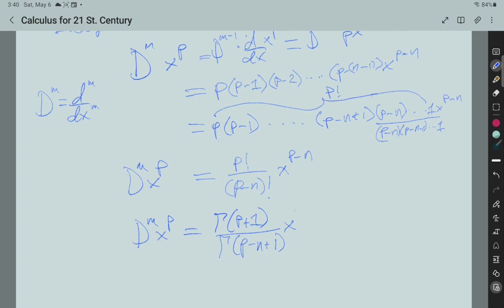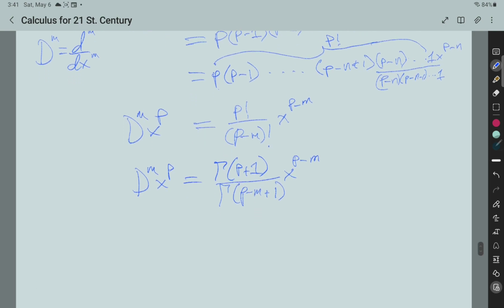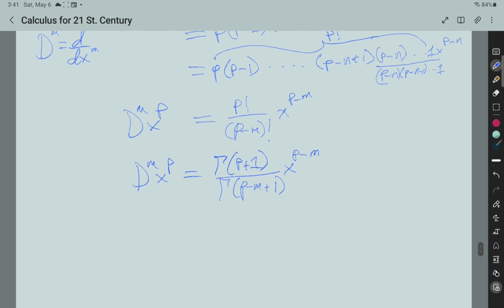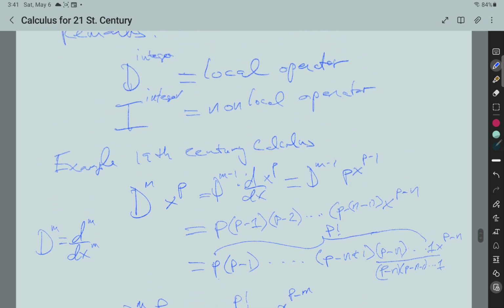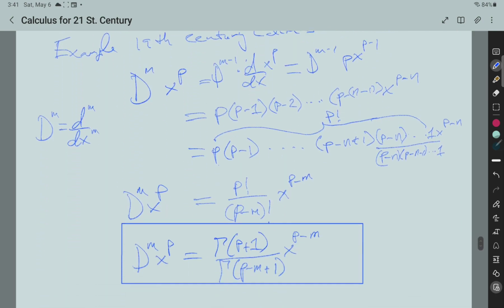Then x to the p minus m. Oh, this is m, sorry. This is m. This is p minus m. Okay. So I'm going to box that. Call this equation 15.